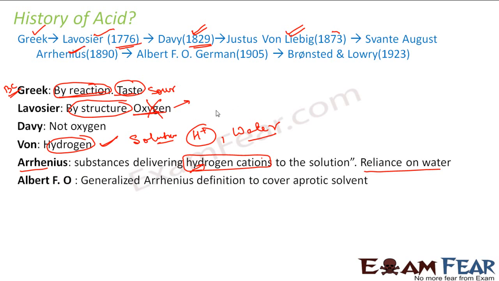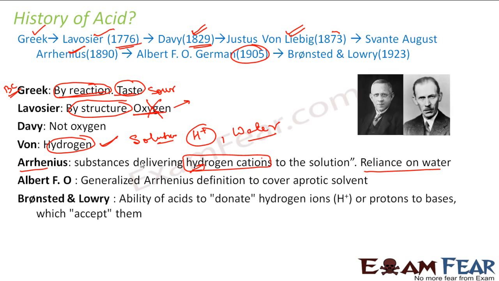But this guy, Albert Afford, in 1905, found that he can still find acid which doesn't have water solution, right? There's no water required. So he generalized this guy's definition. That's all he did, so we can just ignore this part, not a great thing. Then this guy came, Lowry, in 1923.